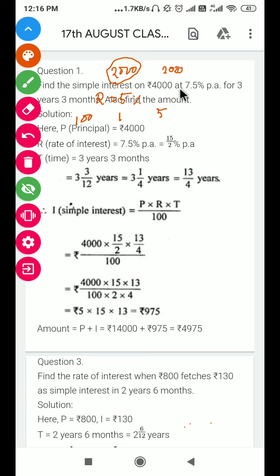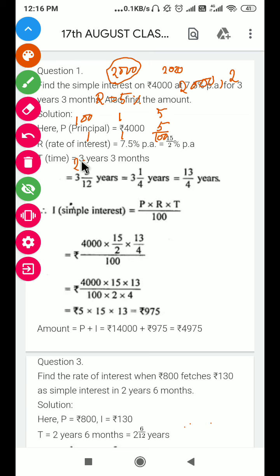Suppose you have 2000 rupees and you want to put this money in your bank account. How much money will be there in your bank account after 2 years? You have to find out. So what to do? If you put 100 rupees for 1 year, your money will increase by 5 rupees. If you put 1 rupee for 1 year, your money will increase by 5 by 100.